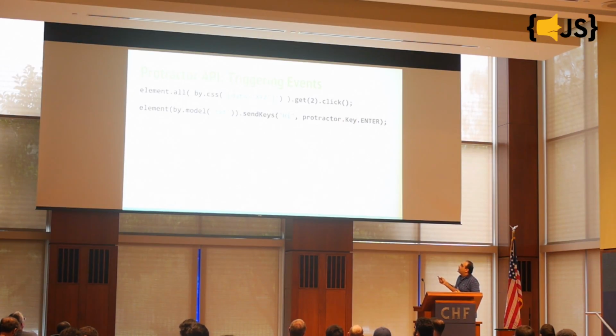So like in this case, since this is a 1-based index, it's not based on 0, we are picking the second element in the matched element list and clicking it. And over here, we are sending the keyboard input. So hi followed by the enter key, sending that text to one element which matches the ng-model directive in Angular.